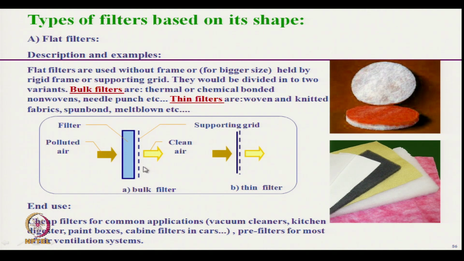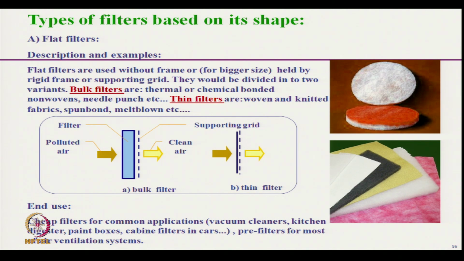Bulk filters are used where we need depth filtration, and thin filters are used where we need surface filtration. So, these flat filters are used where cheap filtration solutions are required, like vacuum cleaner, kitchen digesters, paint box. These are the applications where the bulk filters or thin filters are used in flat form.